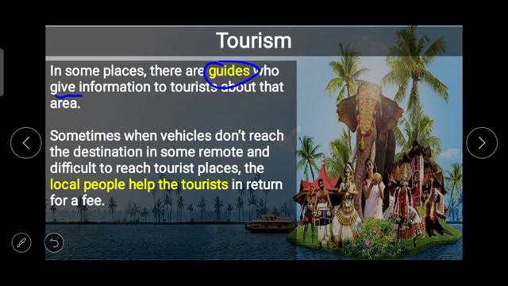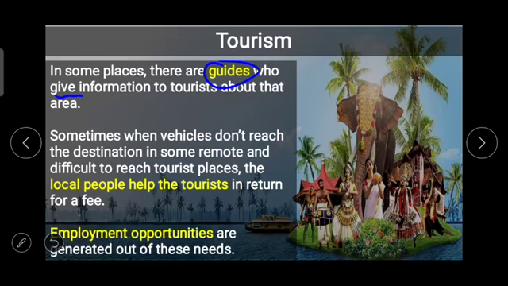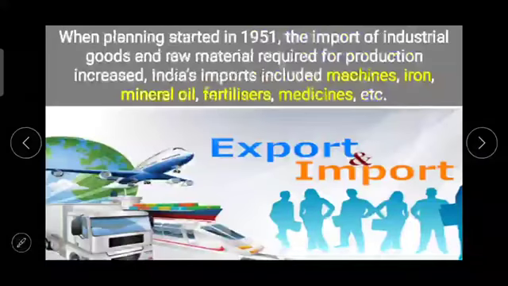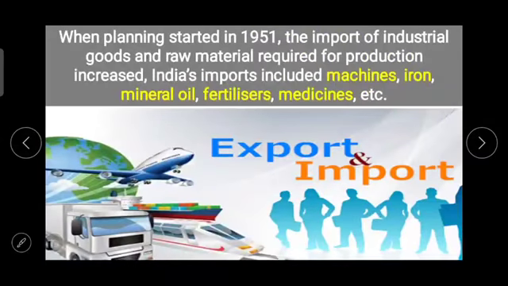So employment opportunities are generated out of these needs, and nowadays the tourism industry is at its peak because people are moving from one place to another, trying to explore life. Now the next point is import, export or foreign trade.